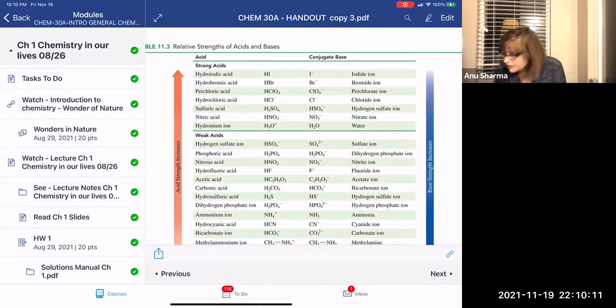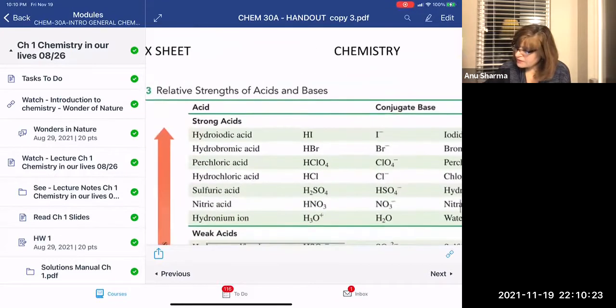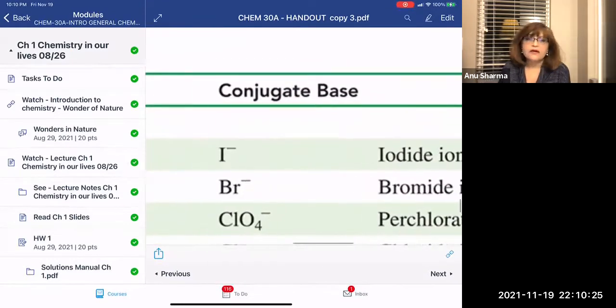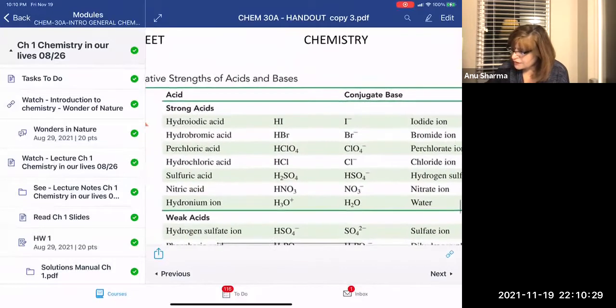Table 11.3. What do you see here? On one side are the acids, the other side is the conjugate base. This left side is the acid, and this side is the conjugate base. Clear? So every acid will have a conjugate base.